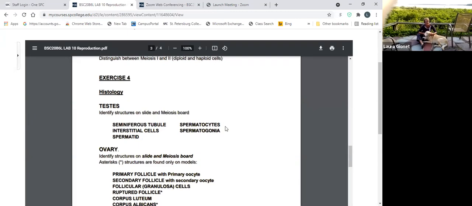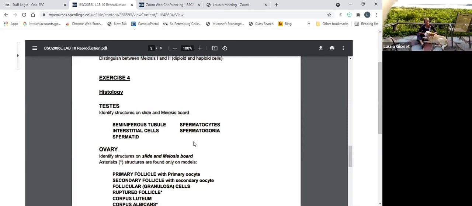And then as they mature and they migrate toward the lumen, the interior of that tubule, they become the spermatocytes, as a primary and secondary. You don't have to distinguish between them, just know that they're spermatocytes. And then once their nuclei assume this oval shape, they're spermatids. And then they develop a tail, which makes them spermatozoa.